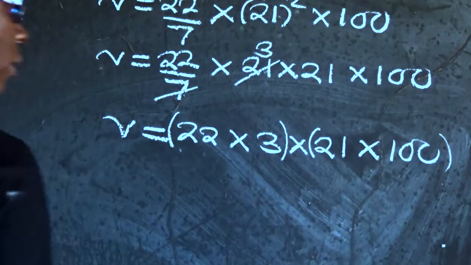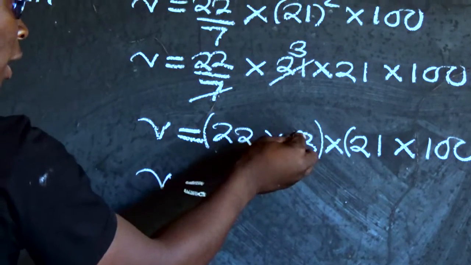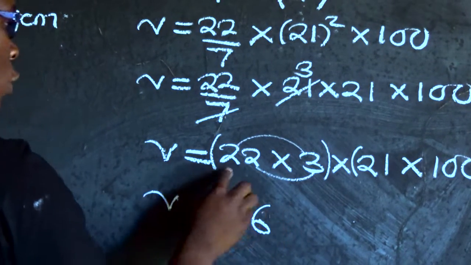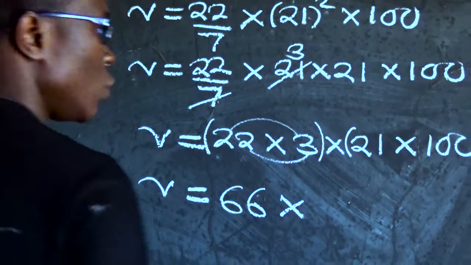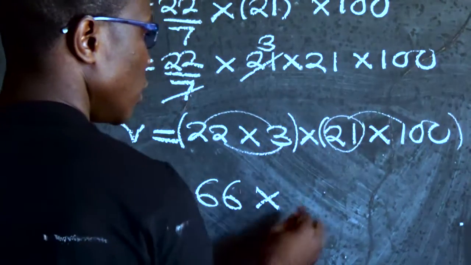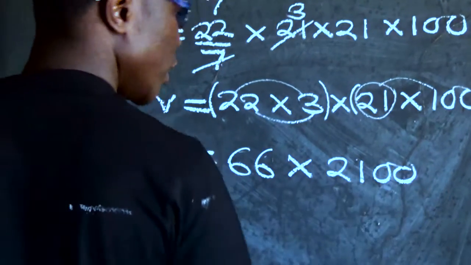So volume is equal to, here just do this. 3 times 2, 6. 3 times 2, 6. So 22 times 3 is 66. Multiplied by, here what you do is just say 21 times 1, it's 21. Then you add these zeros, right? So you're going to have 2,100, right?